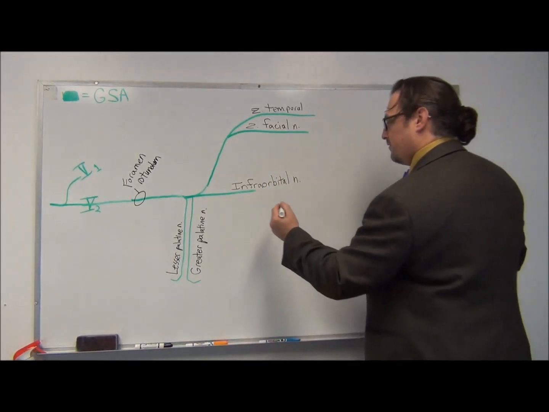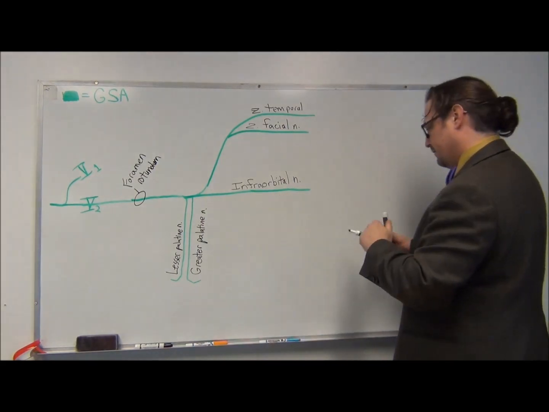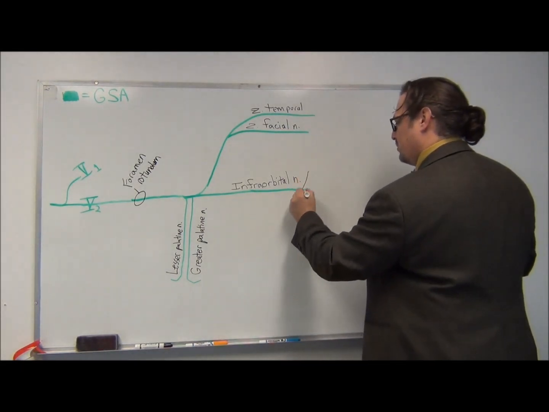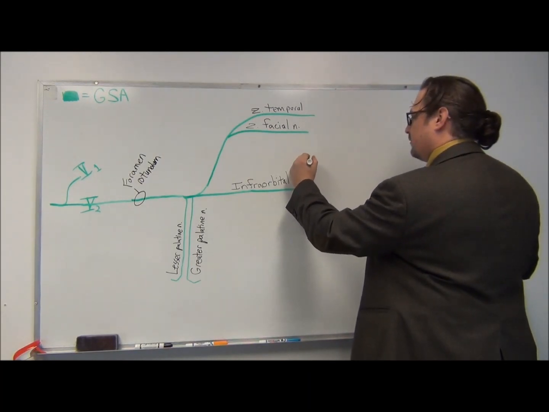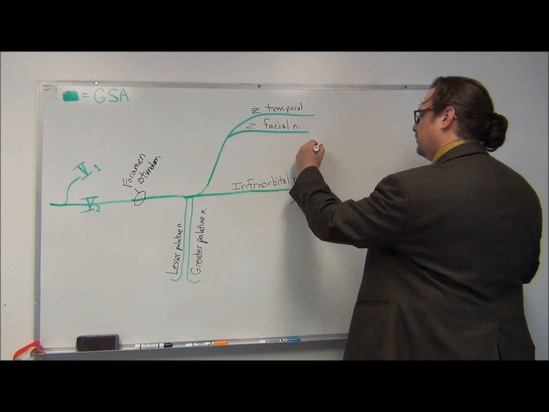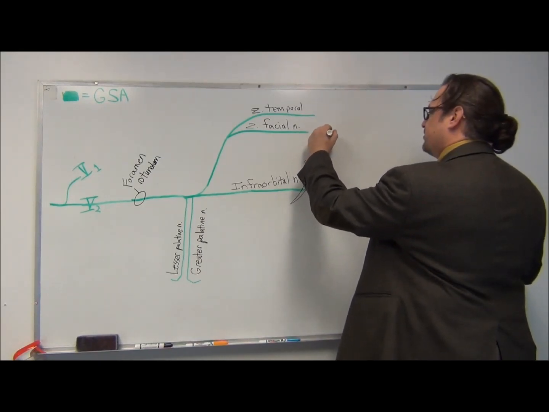The infraorbital nerve travels through a cleft and winds up on the bottom part of the orbit, and that's going to be the inferior orbital fissure.